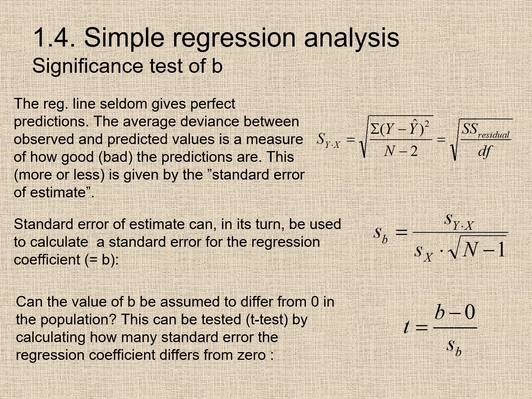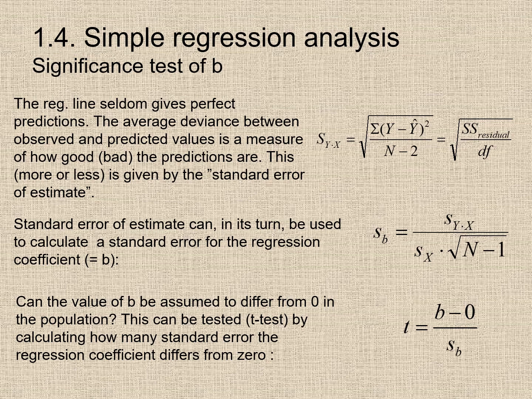So we test our regression coefficient towards the value 0. Why do we test against 0? This is the point of no relationship. Exactly. If the regression coefficient in the population would be 0, that means there is no association between the independent and dependent variable.